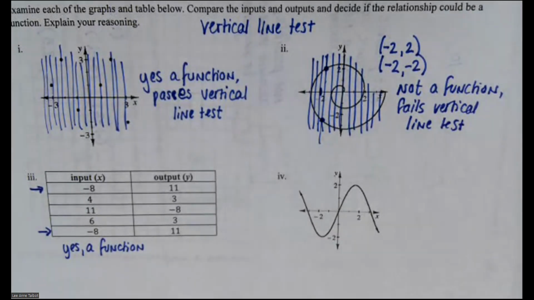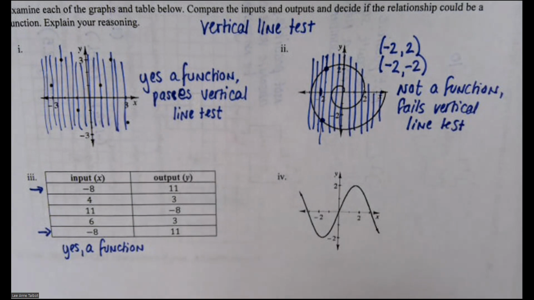Okay. Try that last one, number 4. Give it a go, give it a guess. Draw vertical lines on it. Where is he going?